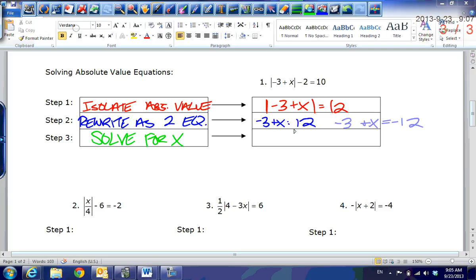Add 3 to both sides, so x is 15. What about my other one? Add 3, so x equals 15.